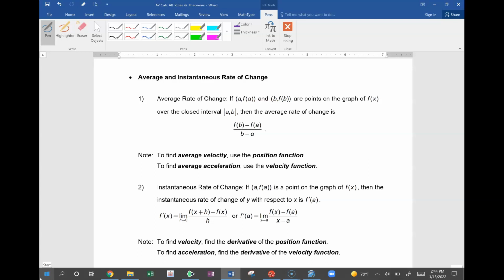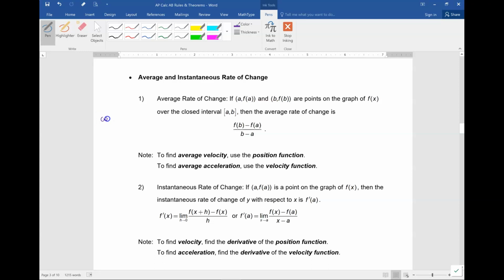Okay, let's talk about average rate of change. Average rate of change is basically slope, as you knew from back in the day. When you do this, it finds the slope. Now, this can be helpful if you're given a table of values.